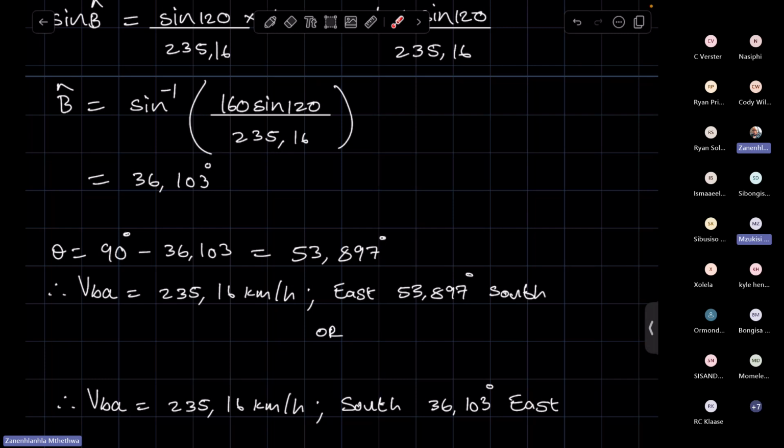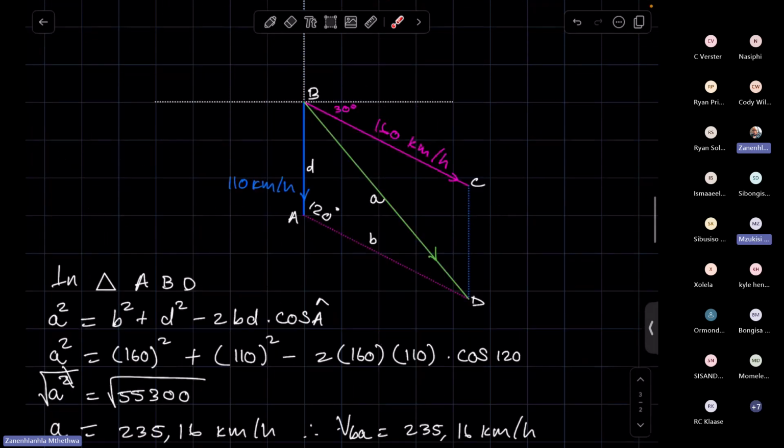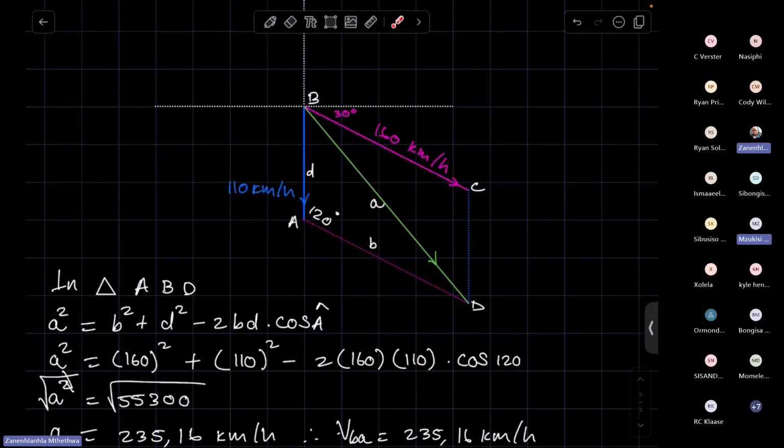We said the whole angle is 90, so we know the angle on the parallelogram is 60. So why do we minus again from 90 instead of 60?